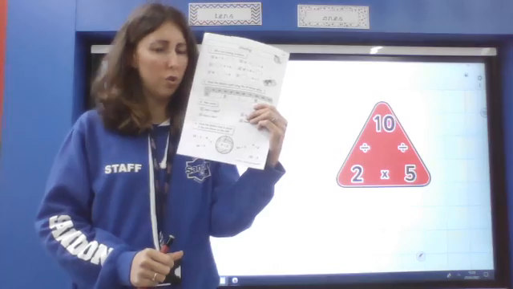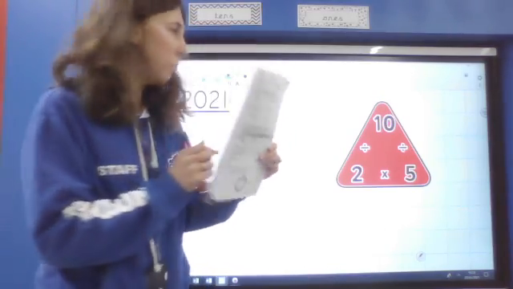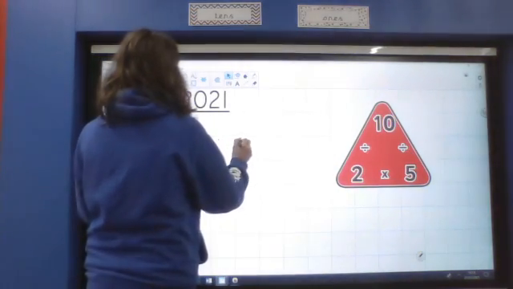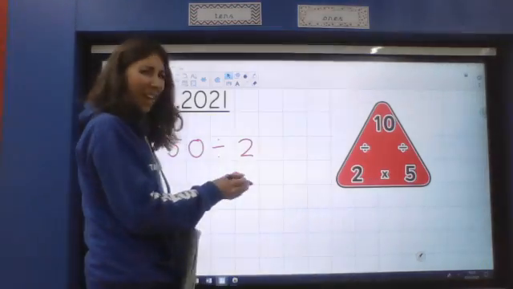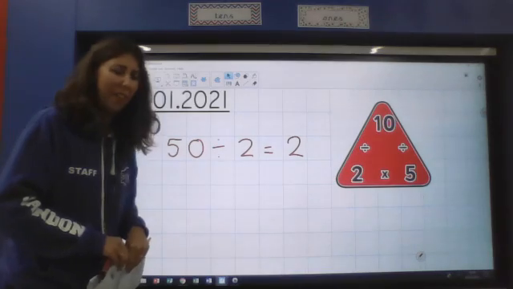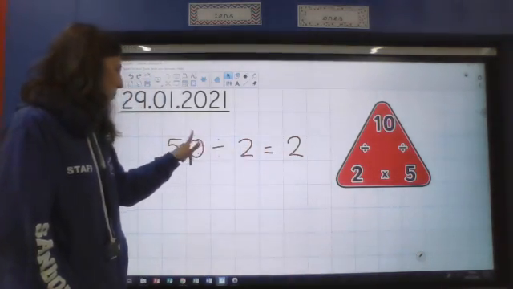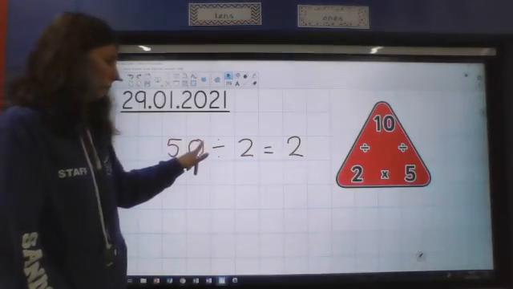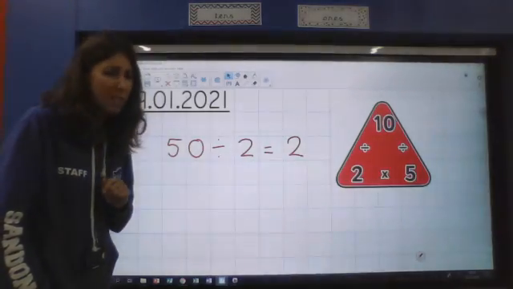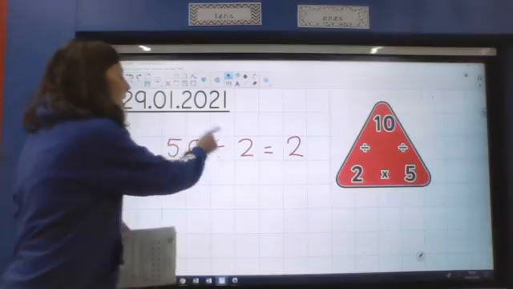If it isn't the number at the start, then your answer to the division isn't going to be 2. So this one says 50 divided by 2. If the answer to that one was going to be 2, that would mean that 2 multiplied by 2 equals 50. Okay, just like 2 multiplied by 5 would equal 10. See if you think that sounds right. That one's a tricky one to work out.